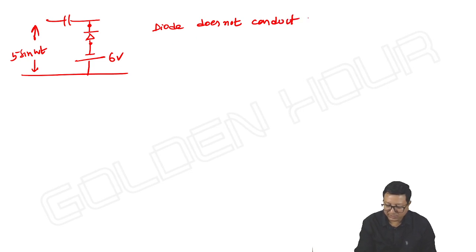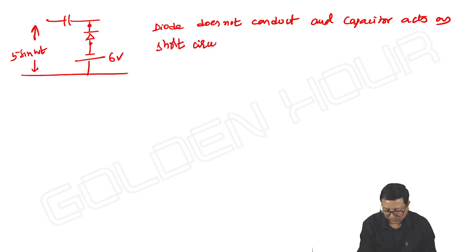Diode does not conduct and capacitor acts as short circuit. Okay, then what about output? V output is equal to input.